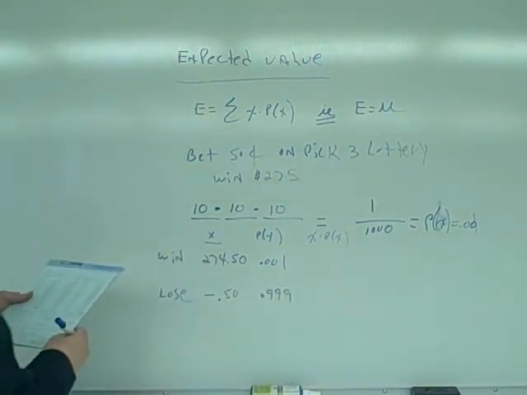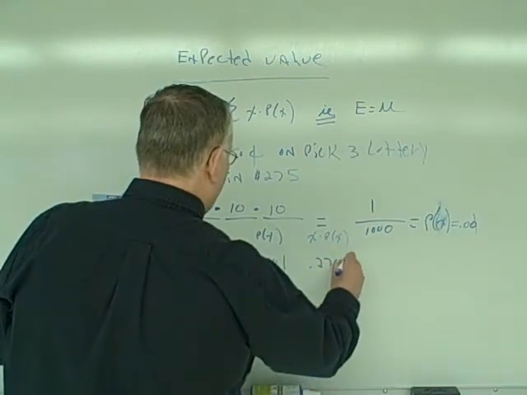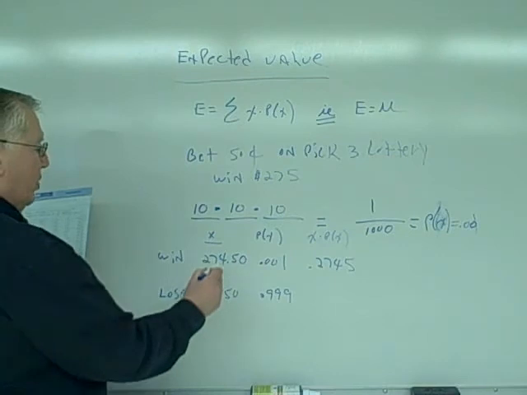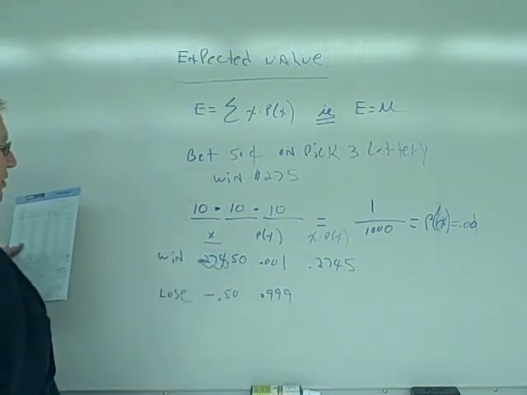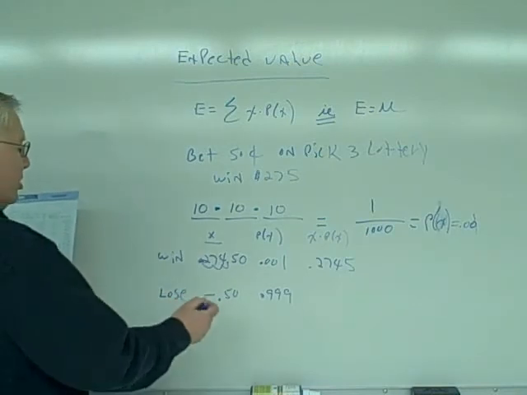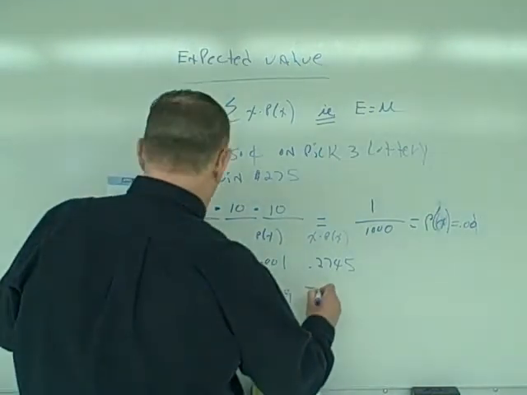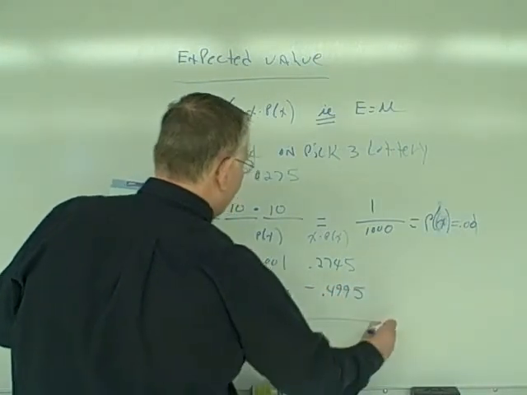So if I take the x times the probability of x, I get 0.2745. That's 274.50 times 0.001, moving the decimal over 3 to the left. Lose, I take negative 50 cents times 0.999, and I get a negative 0.4995.